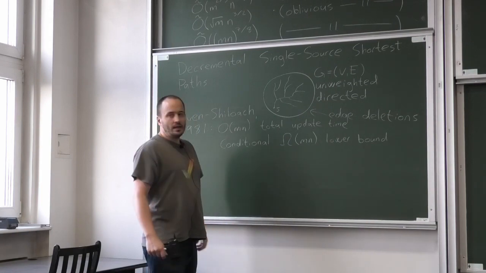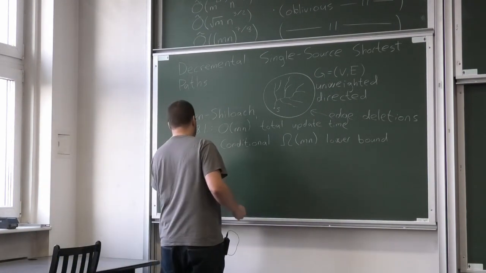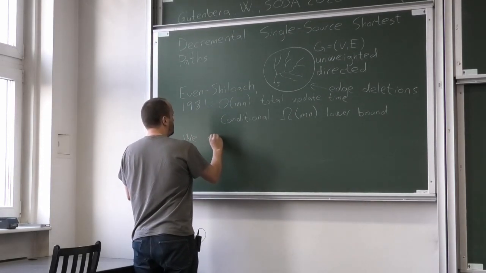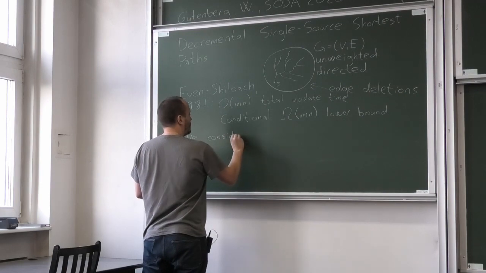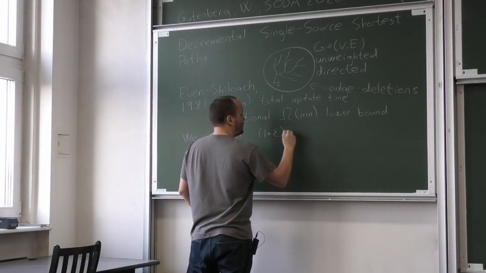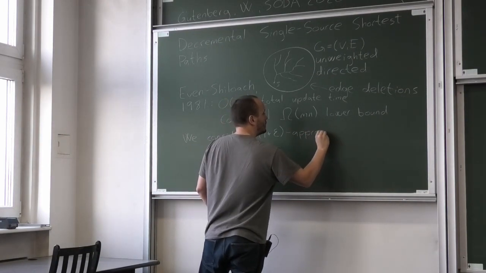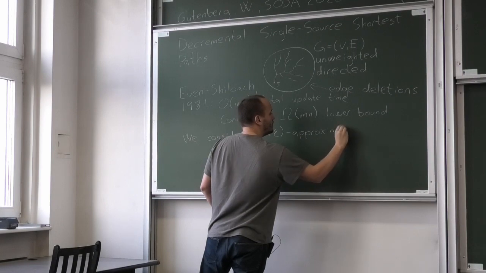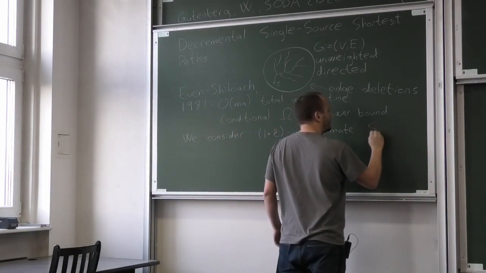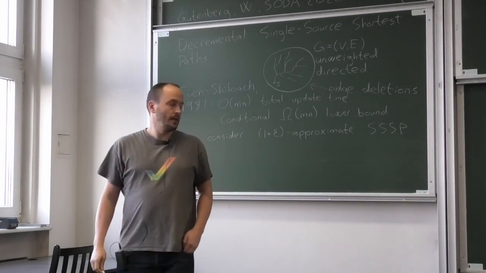So what people have done in recent years is to look at the approximate version of it. So we consider one plus epsilon approximate single source shortest paths. I'm just going to abbreviate it this way here. So what does that mean?